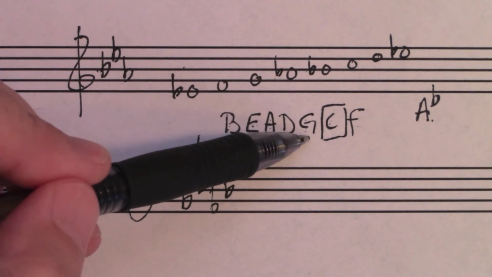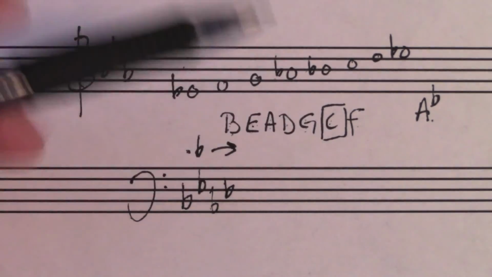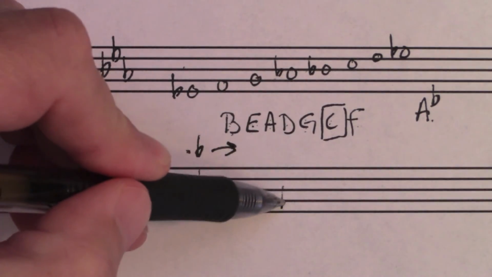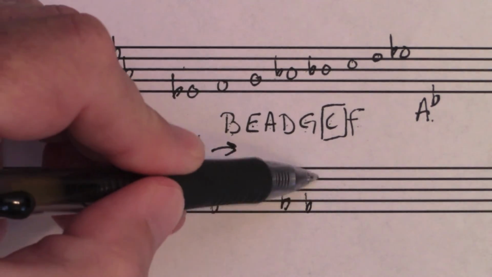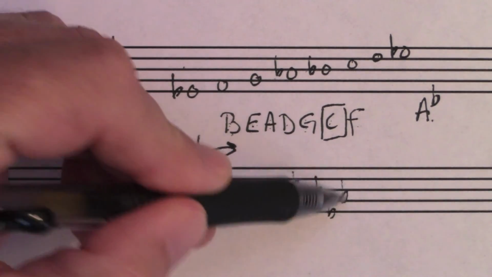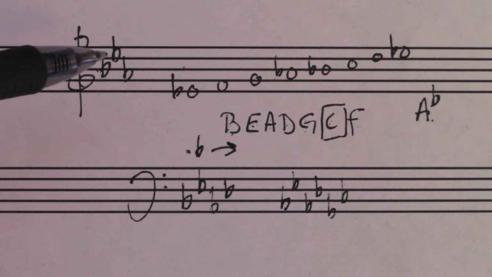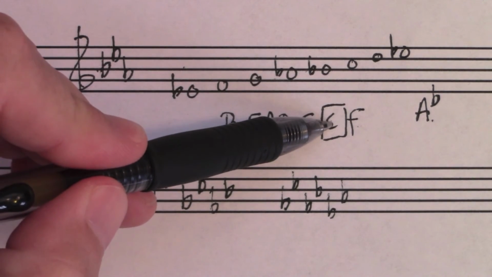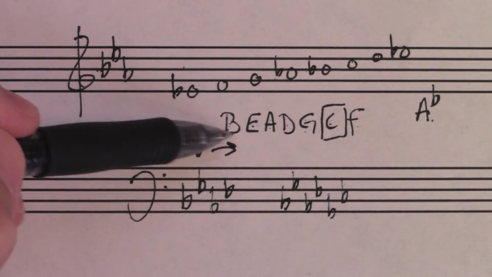What are they? Start at the end. B, E, A, D, G, C. Okay. Step 1, count from C. Step 2, write from the end.